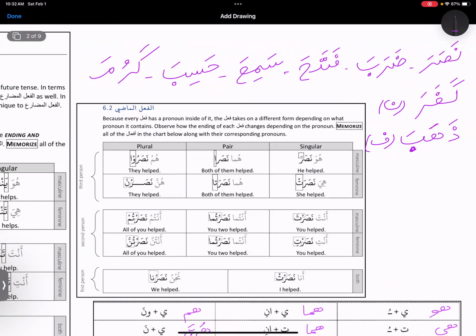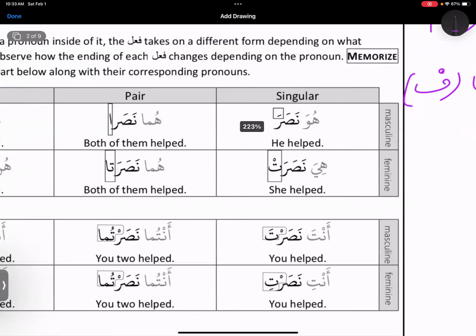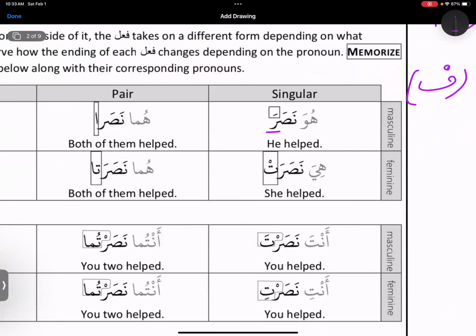So with the 14 pronouns, we are going to do it, right? So huwa, nasara. So when you see a fatha on the last letter, right?